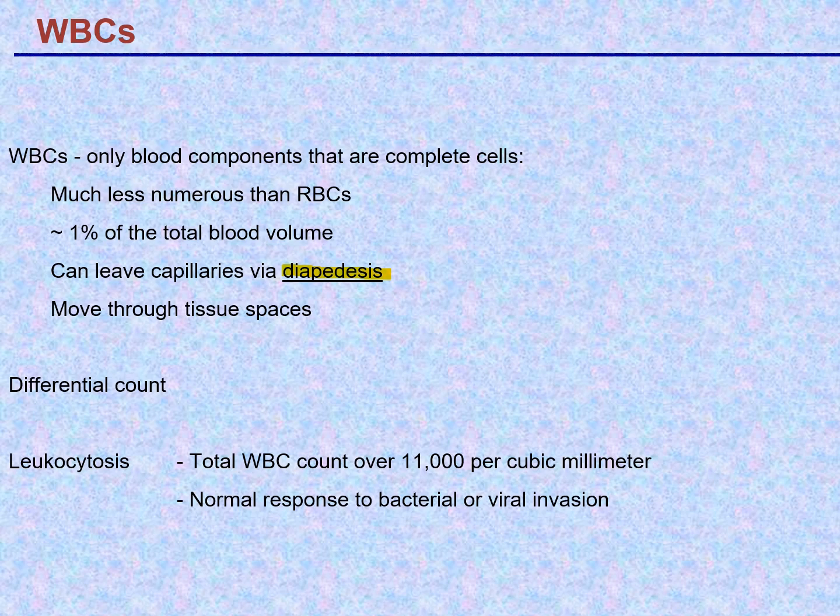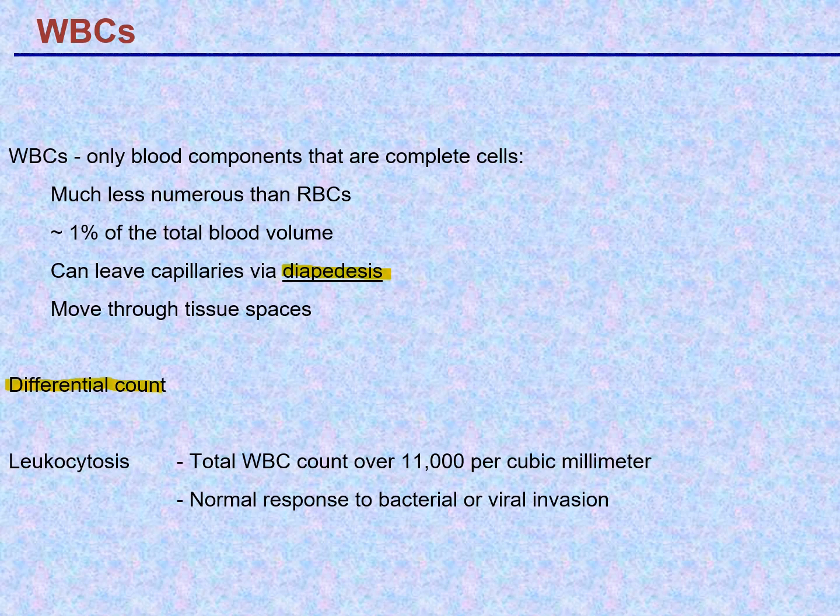When we want to break down the white blood cells in terms of determining what the different populations are that are present and the numbers, that's called a differential count.